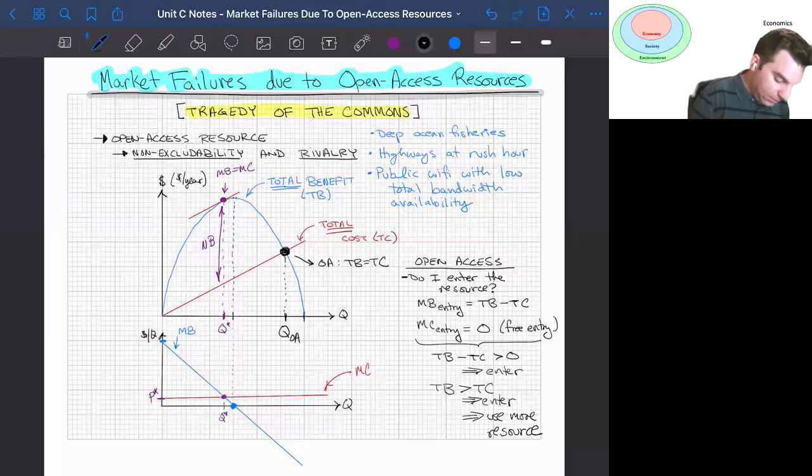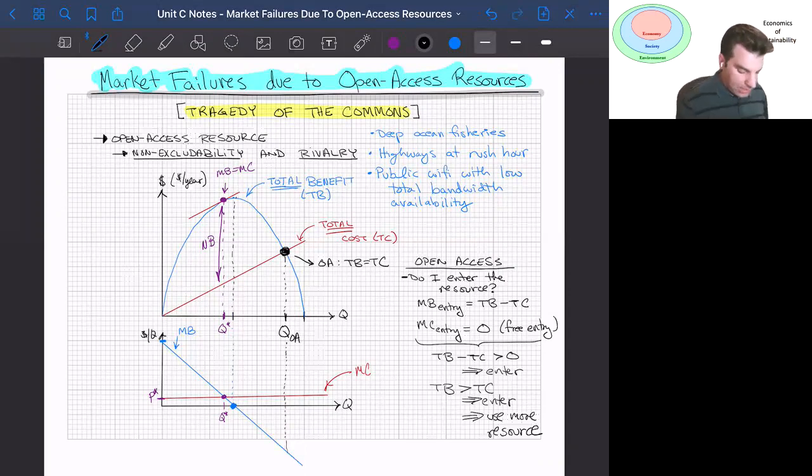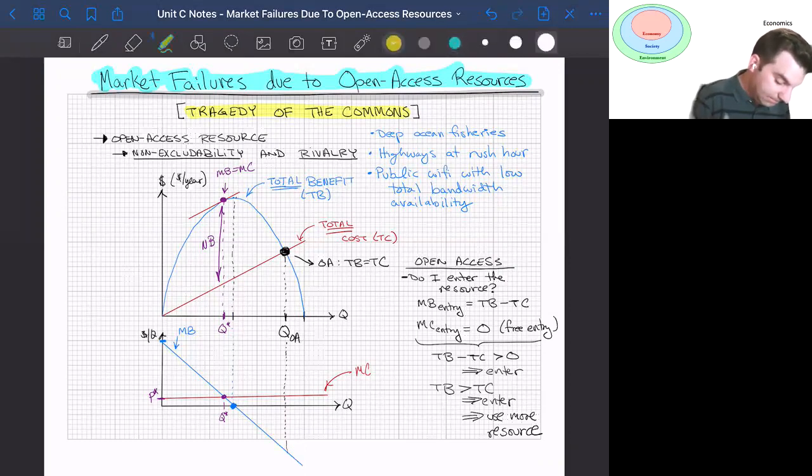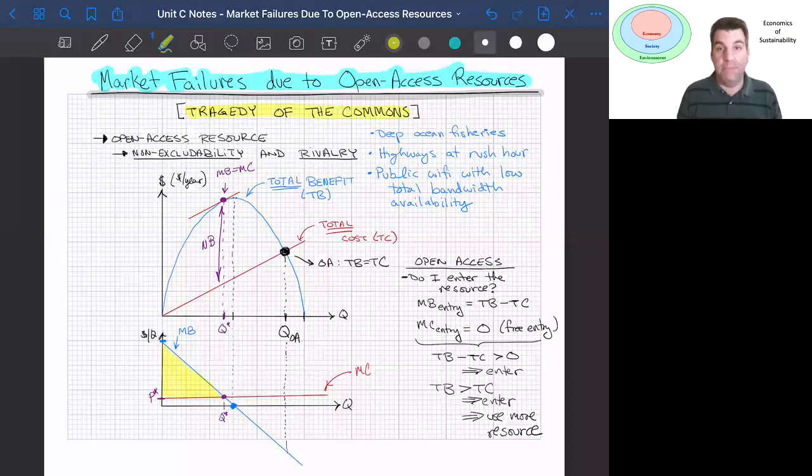Well, we can go and do our marginal damage calculations here, and those of you thinking this through might have already figured this out. So I know that the area in between the marginal benefit and the marginal cost curve to the left of the efficient point, we view as the net benefit.